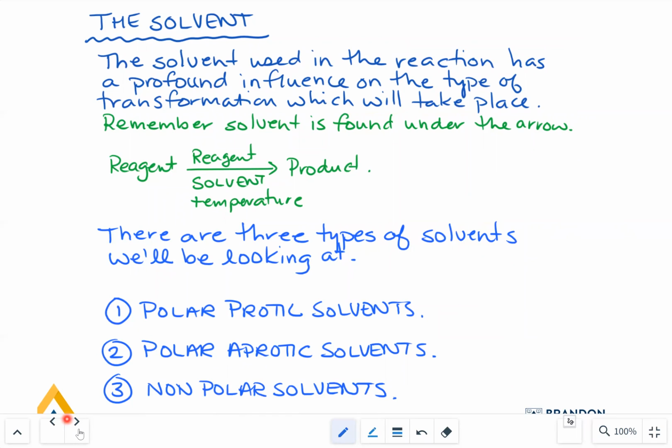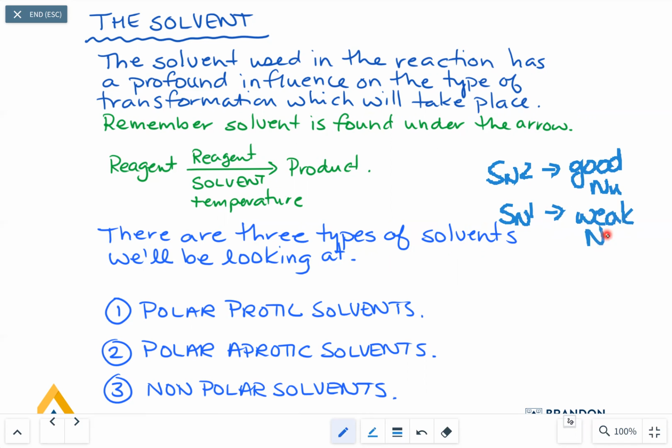When I said earlier that if we want to do an SN2 reaction, we are going to use a good nucleophile, and if we want to do an SN1 reaction, we are going to use a weak nucleophile, at the same time we are going to use a solvent that is good for SN2, or in the case of an SN1, a solvent that will be good for SN1 reactions.